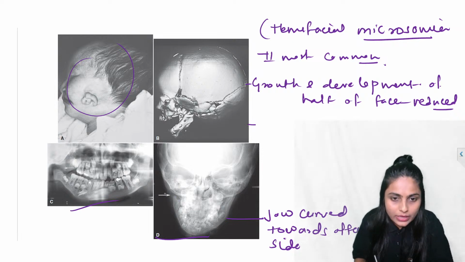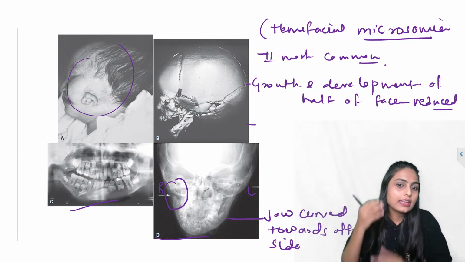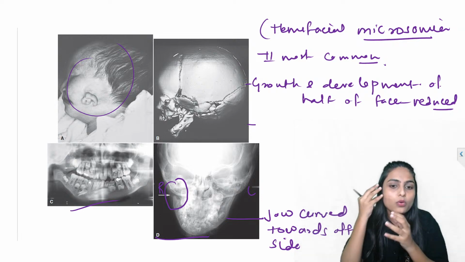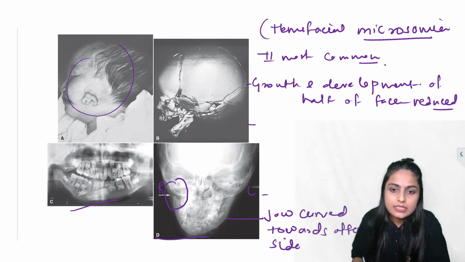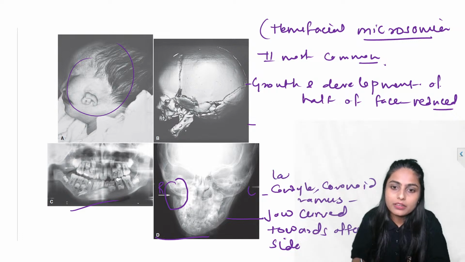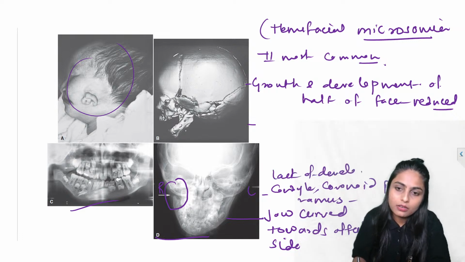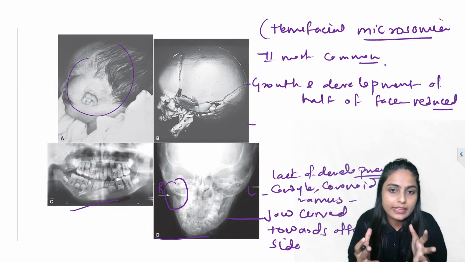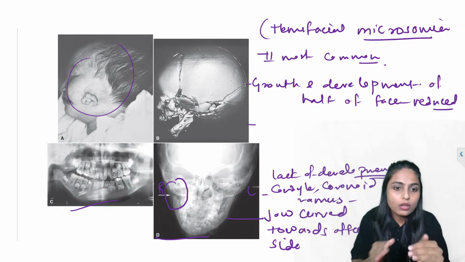Also, when you compare the right and left side, on the right side you don't see any condyle and coronoid process, whereas on the left side there is a normal condyle and coronoid process. So there is a lack of development of the condyle, coronoid process, ramus, all of these parts. So reduction in the size of bone of the affected side takes place, right? Radiographically, you see all of these features.